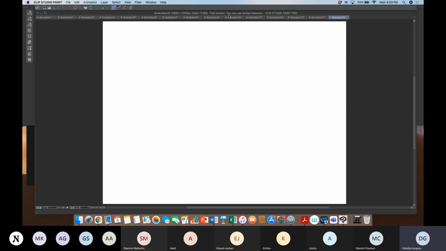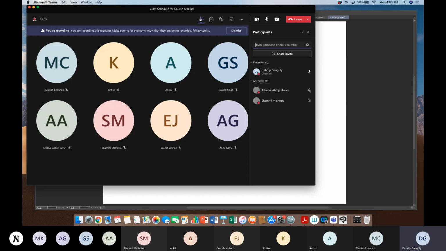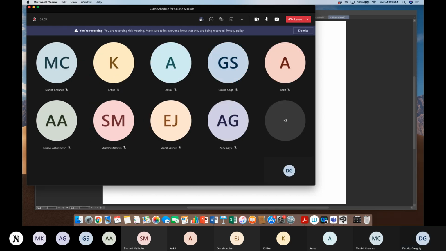See how beautiful. Have you studied some complex analysis? Do you know anything about complex analysis? Yes or no? Manish, Kritika, Anshu, Govind, Ankit, Yes, sir. Athar, they have studied some complex analysis, right? So let's see how this theorem reminds you of something.